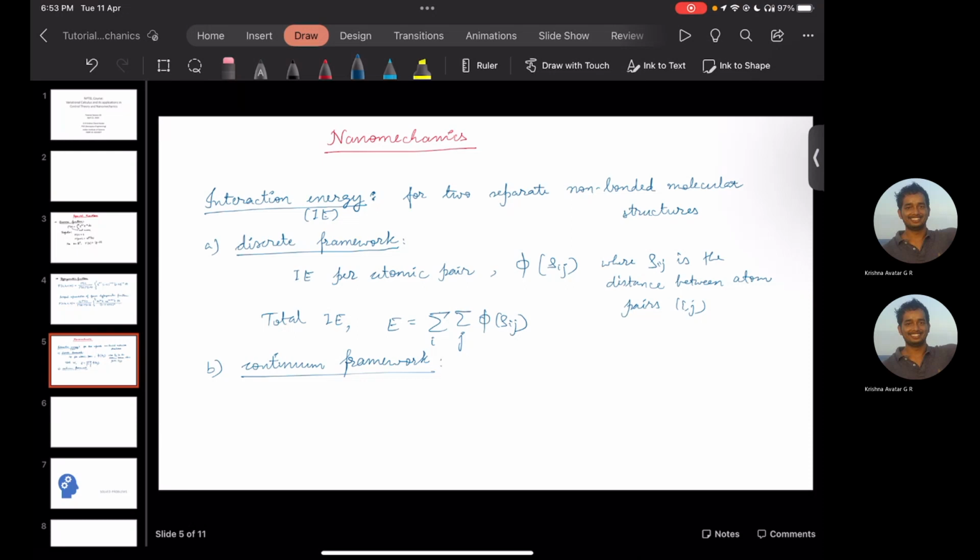So in this case, we'll assume that atoms are uniformly distributed over the entire range of surface.